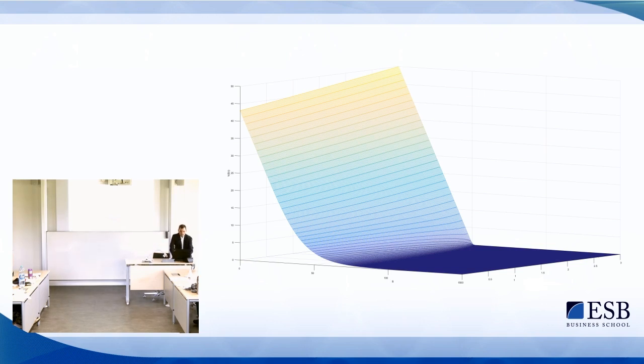This is a put function, the payoff function of a put, and it's basically the plot of the solution of Black-Scholes. So Black-Scholes in the end is a multi-dimensional function, and in 3 dimensions, stock price, time to maturity, and payoff, it looks like this.